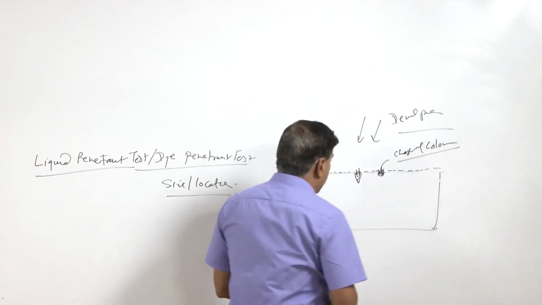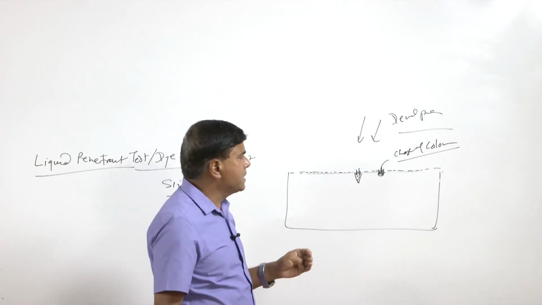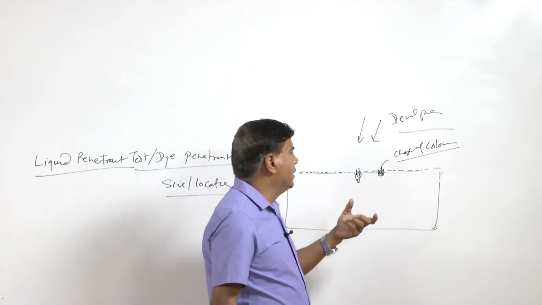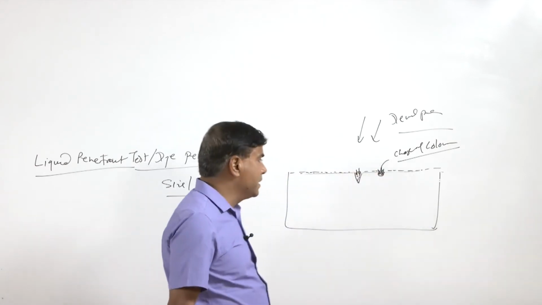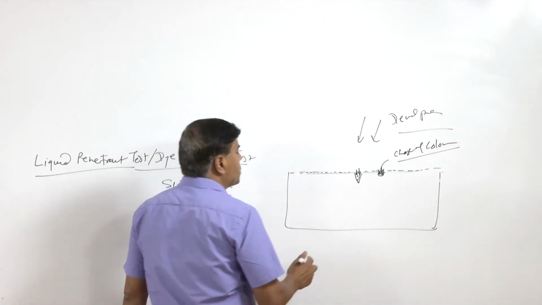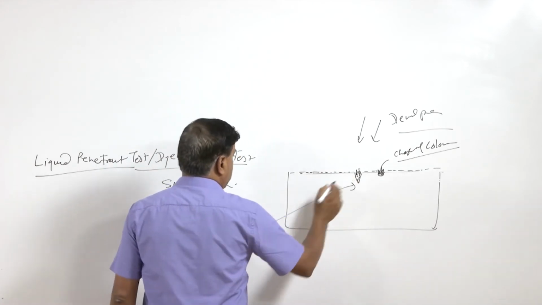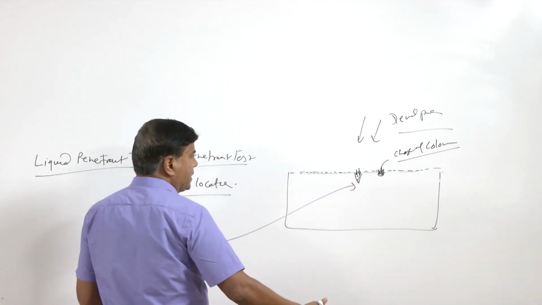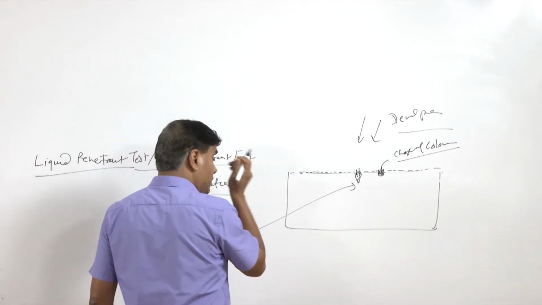The location where the change of color in the developer is taking place, and the length up to which this change in color is taking place, these two things will indicate the size and the location. The distance up to which there is a change in color will indicate the size of the discontinuities.